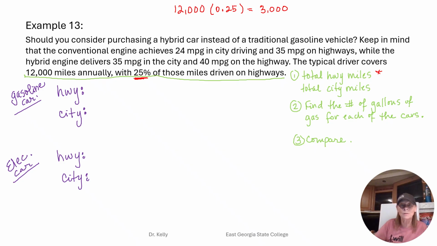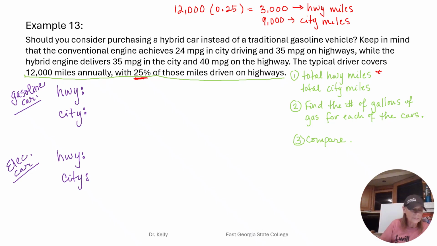So 3,000, and don't just leave it like that. Write it down. 3,000 highway miles. And that means that we have 9,000 city miles. I mean, be explicit. Don't trust your brain to remember that, especially when you're doing a whole bunch of word problems. Okay? All right, so let's get back here and let's just do the math here.